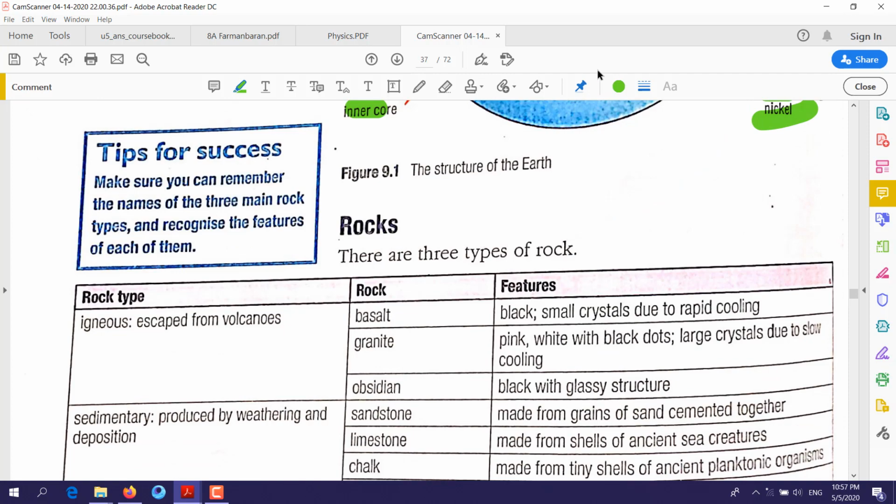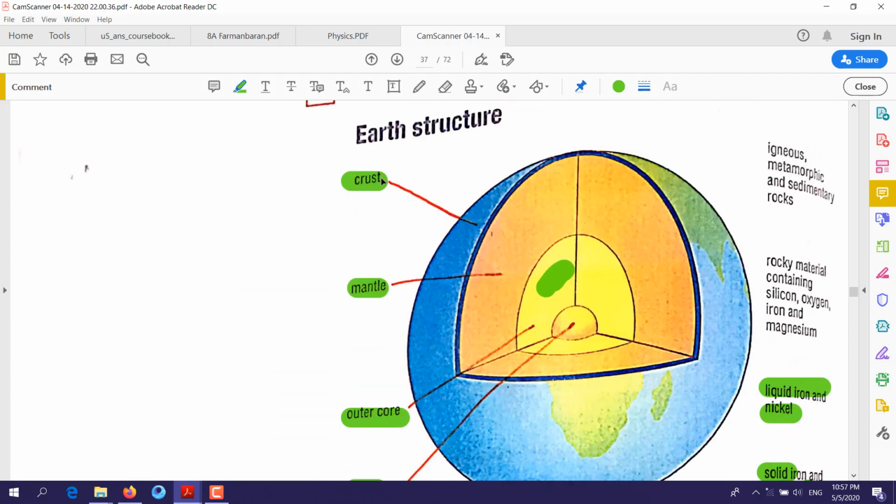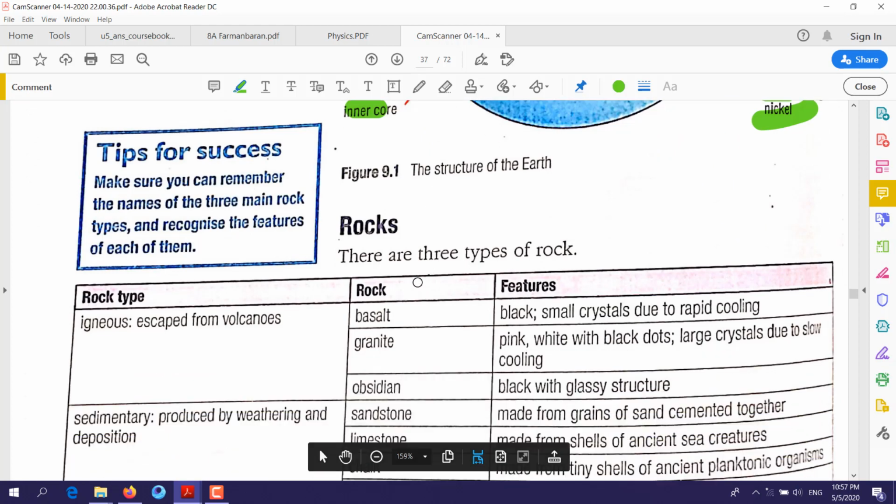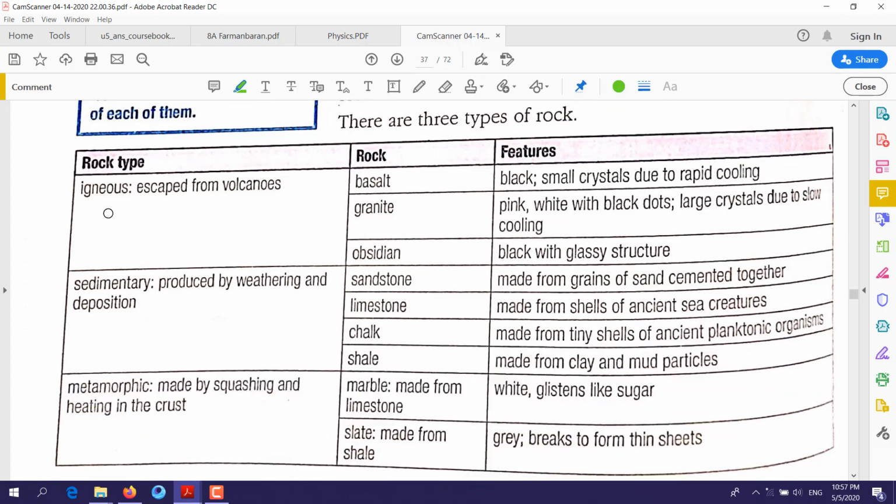Rocks. Now when we talked about the crust, we said it's made up of rocks. But do we have types of rocks? The answer is yes. In general, we have three main types of rocks. We call them igneous, sedimentary, and metamorphic rocks.